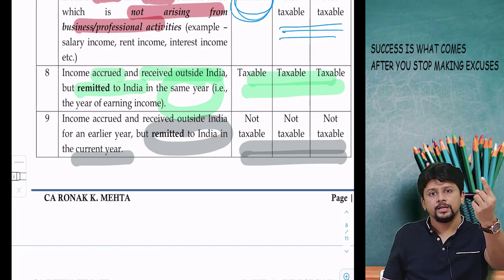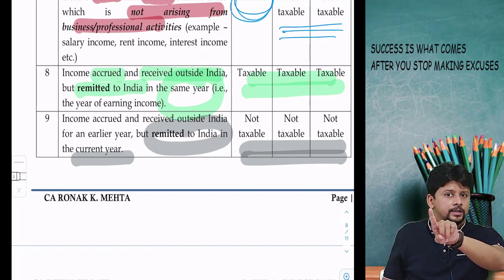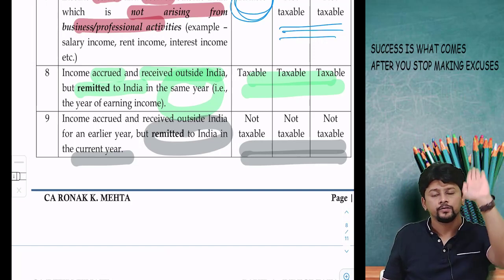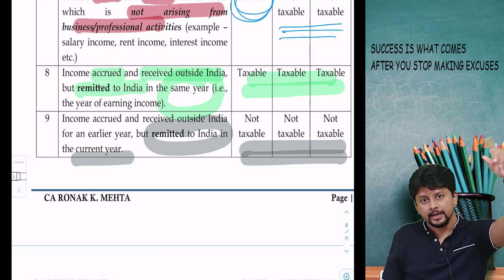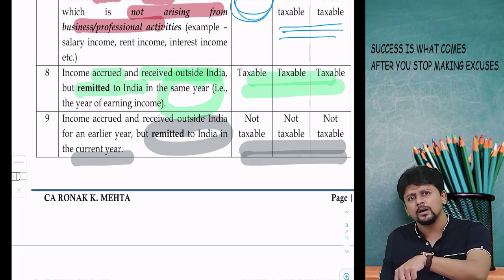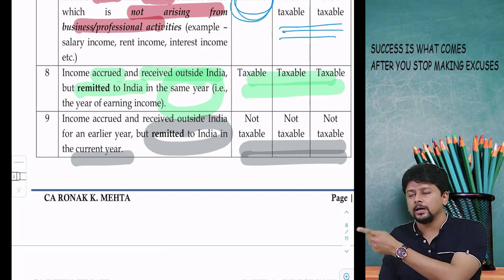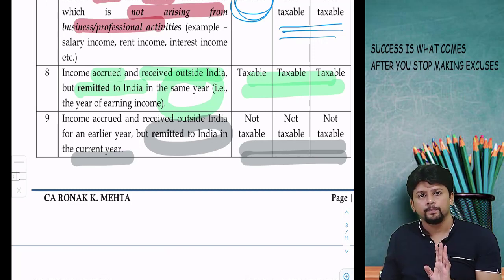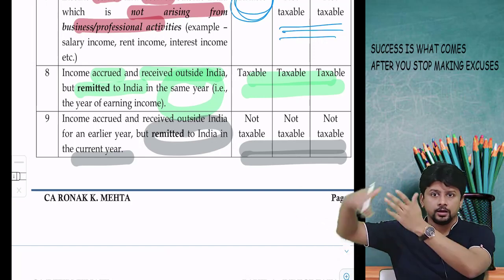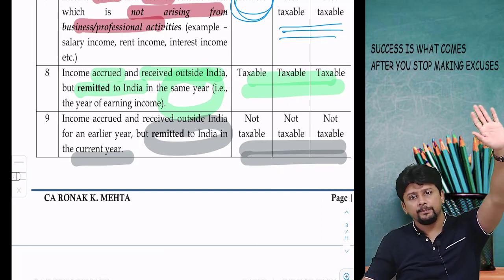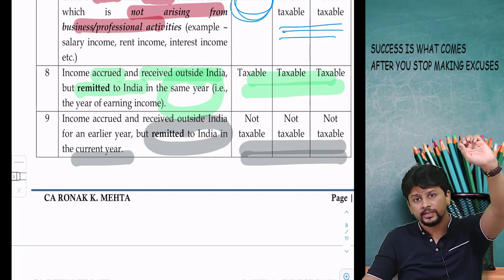Whether it is taxable in year 1 or not taxable in year 1 depends on your residential status of year 1. Now, if you bring that money which is outside India into India in the same year number 1, then the amount brought into India will be taxable. But if you bring it into India in year 2, year 3, year 4, then whatever happens in year 1 is as per residential status of year 1.